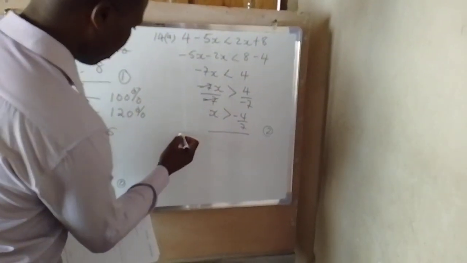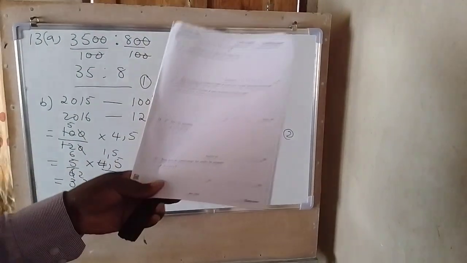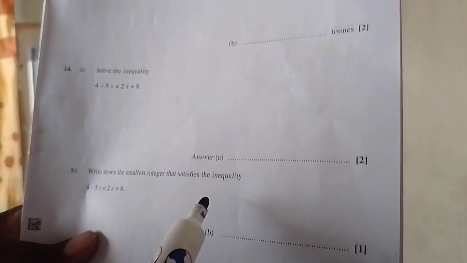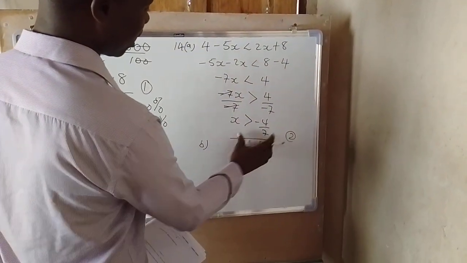Then for 14B, the question reads, write down the smallest integer that satisfies the inequality. For the smallest integer that satisfies the inequality, we are looking at the solution set of this inequality.